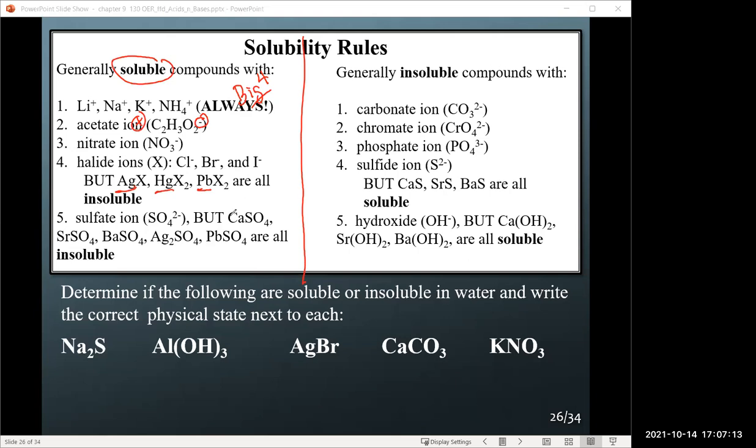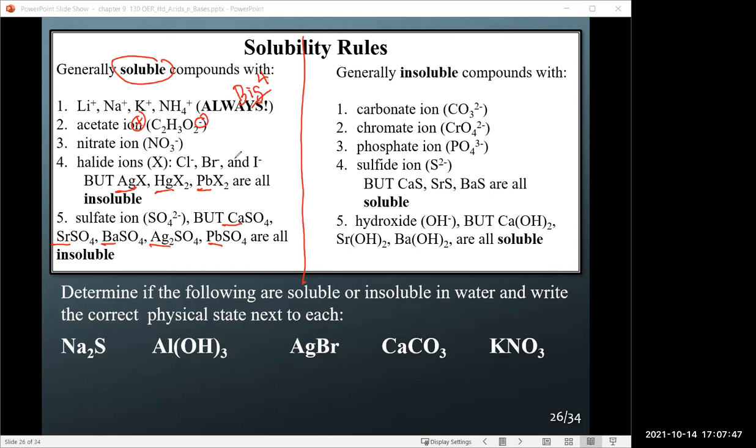If they're bonded to any of those three metals, it is insoluble. The sulfate ion, SO4, soluble with everybody, except if it's calcium sulfate, strontium sulfate, barium sulfate, silver sulfate, and lead sulfate. 1, 2, 3, 4, 5. There are only 5 sulfate compounds that are insoluble. There are only 3 halide compounds that are insoluble. That means everything else is soluble.